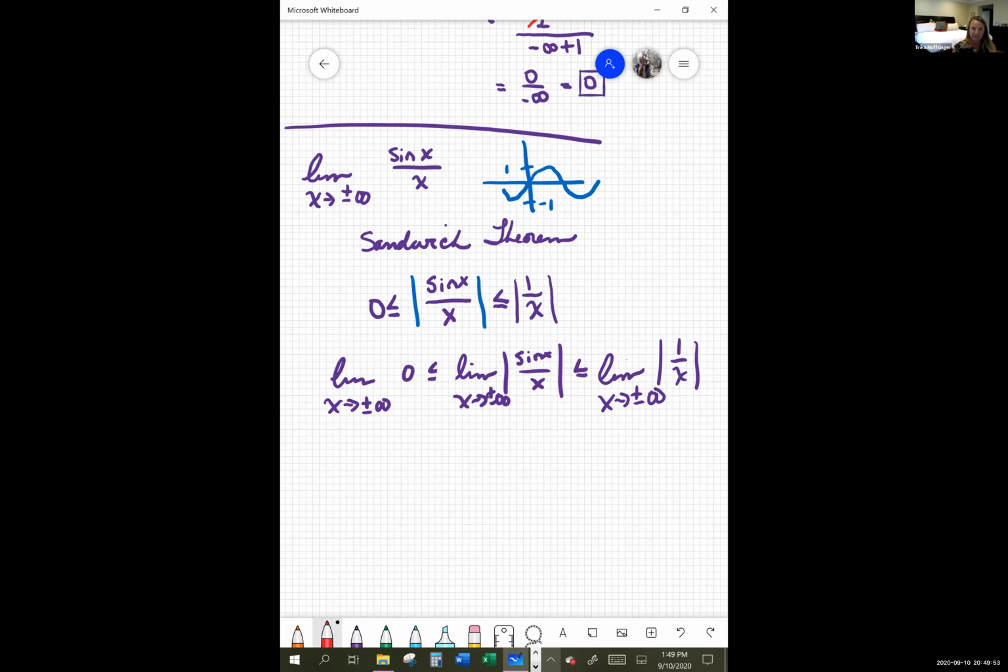Well, the limit of a constant is always the constant, so this piece right here is equal to 0. This is less than or equal to the limit as x goes to plus or minus infinity of this. So this is less than or equal to, well, when we take 1 over x going to infinity or negative infinity and take the absolute value, it doesn't matter, this also goes to 0.